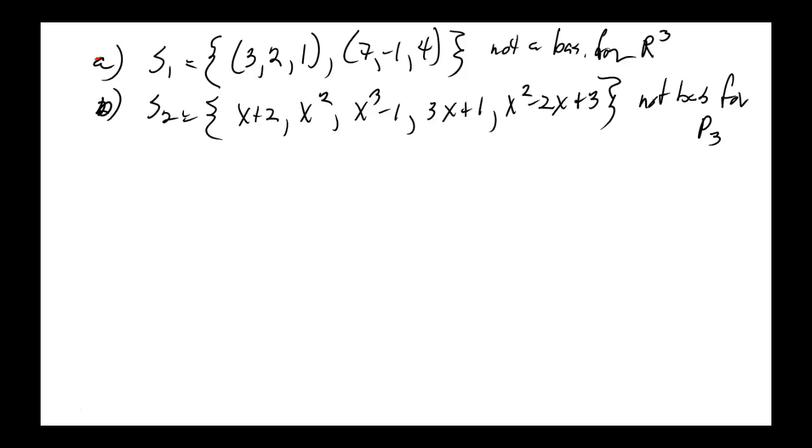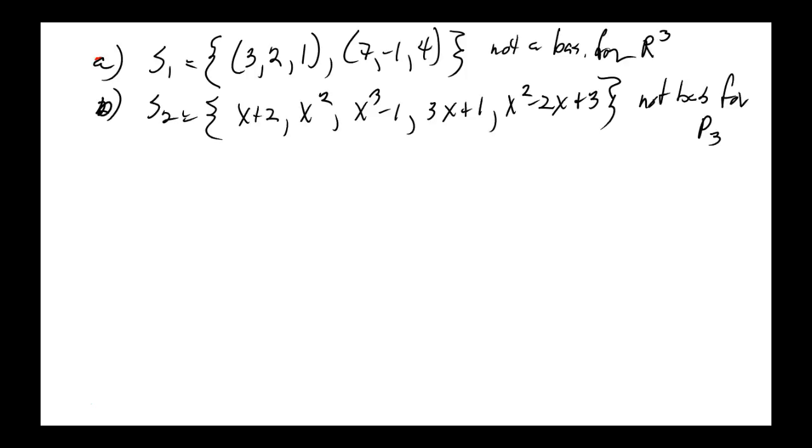You need the constant, x, x squared, and x cubed. We don't even have a constant. Yeah, absolutely. So that sort of wipes that out too. You've got more vectors than you need, and it probably doesn't even span it in the first place.